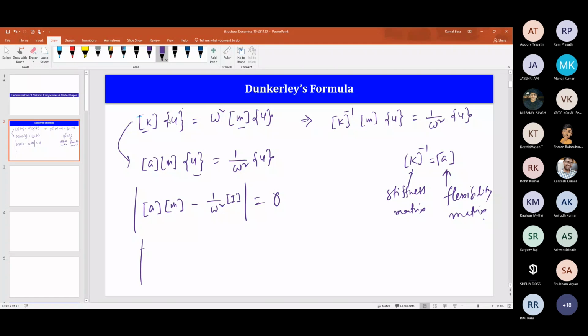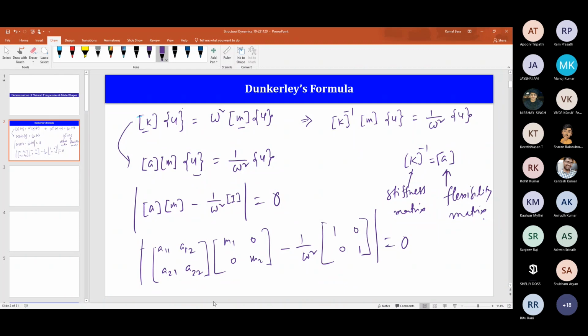So A is A11, A12, A21, A22, and M is my diagonal matrix M1, 0, 0, M2, minus 1 by omega square times the identity 1, 0, 0, 1, determinant. Correct? Just for the sake of example I am taking 2 degrees of freedom because the calculation will be quite complicated. Then we'll easily extend to n degrees of freedom and approximate the fundamental frequency.